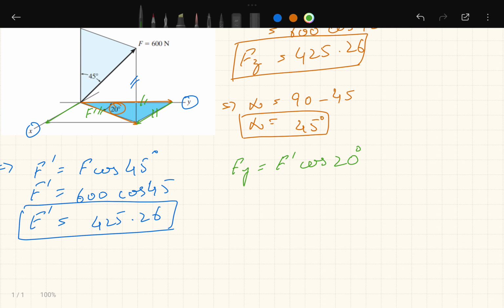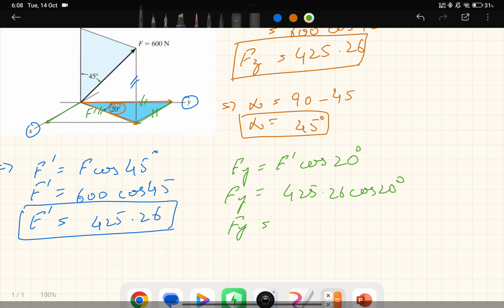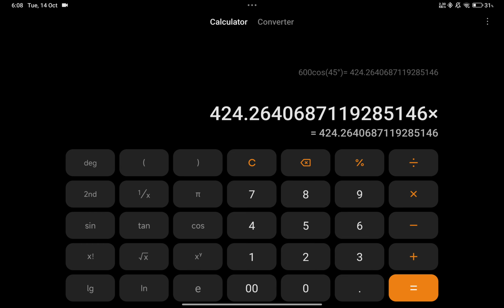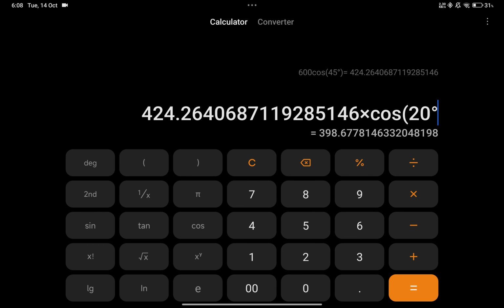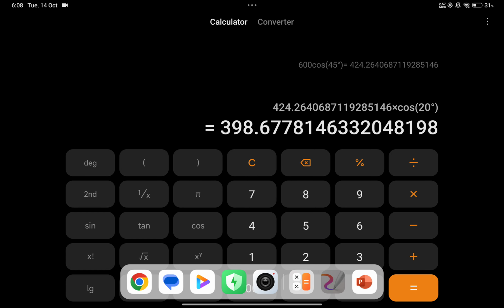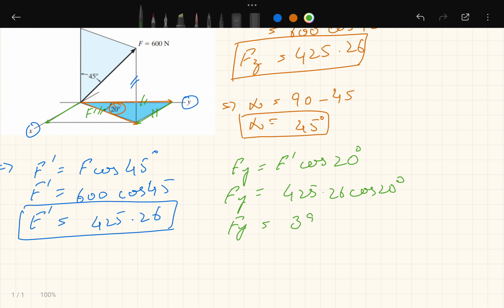F prime is 425.26, so Fy is 425.26 times cos of 20, which is 398.677. Okay, this is the magnitude of your y component.